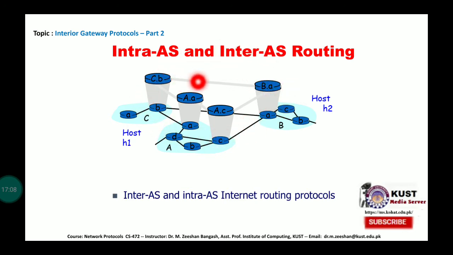Maybe this direct link is congested and the communication takes place through the intermediate link, based on the congestion environment and challenges of the network.